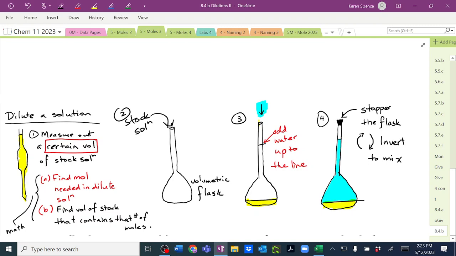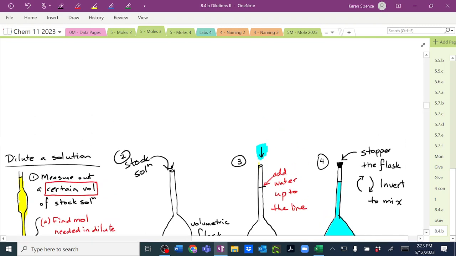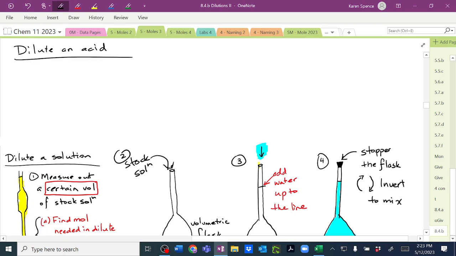Okay, so to dilute an acid, we would actually start with the flask filled a half to a third with water.